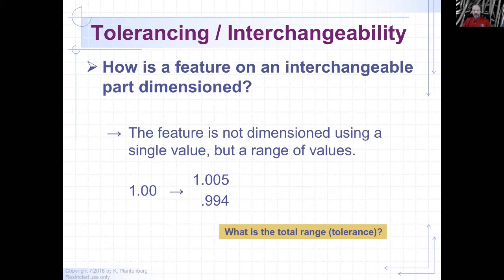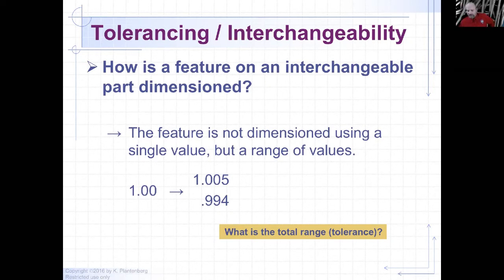So what do you think the total range is? Does anybody want to venture? It's 1.005 minus 0.994. That's the range. There you go.